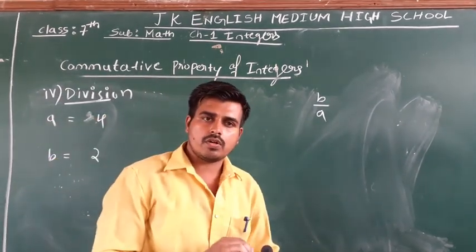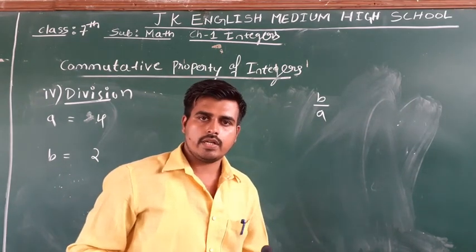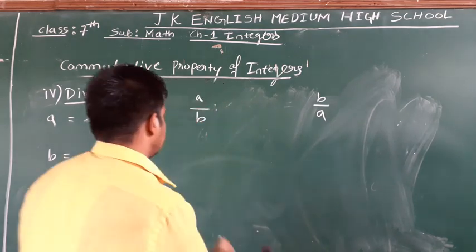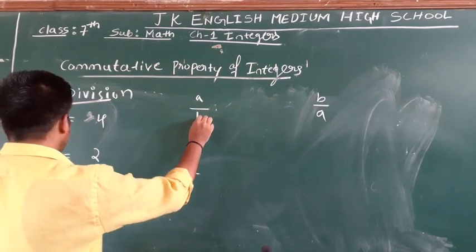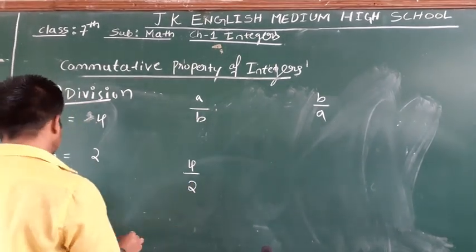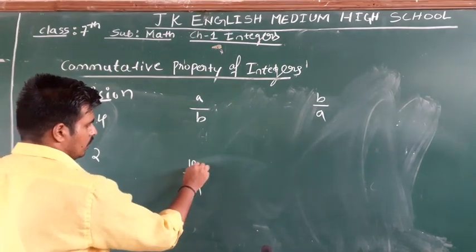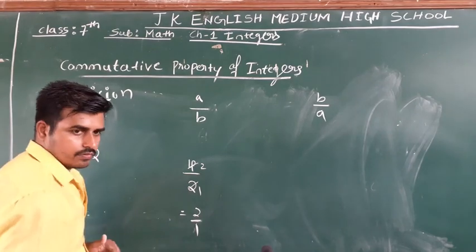The result must not change. Then only we can say it's commutative under division. If it differs, then it's not. Substitute the values. In place of a, 4. In place of b, 2. 4 divided by 2, you can cancel: 2 ones are 2, 2 twos are 4. So your answer is 2 by 1.